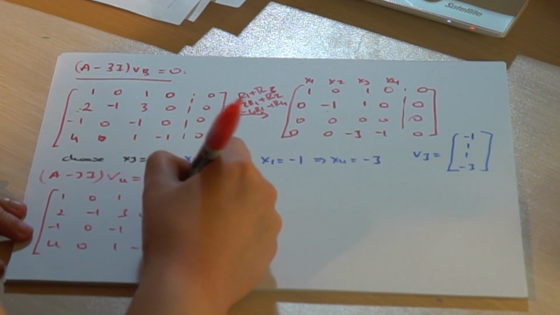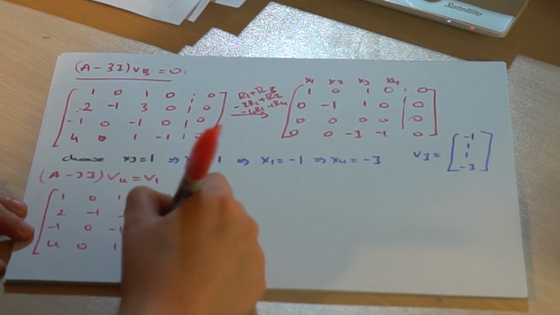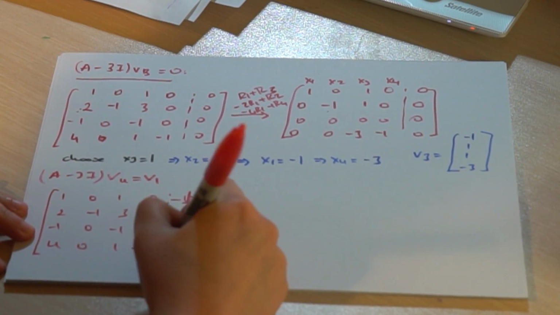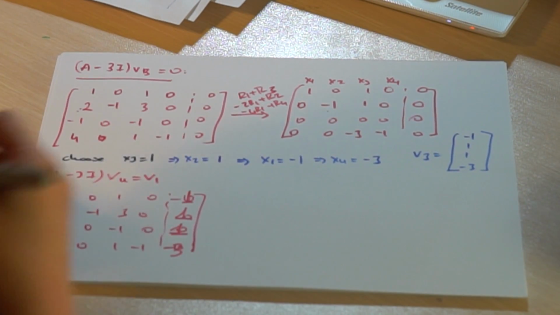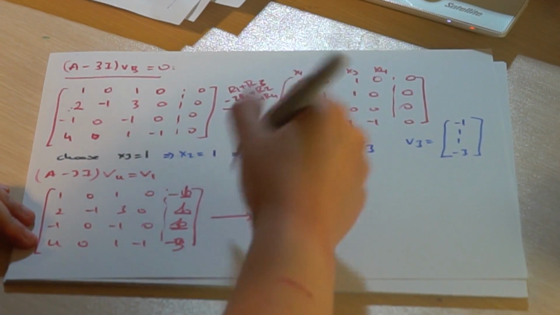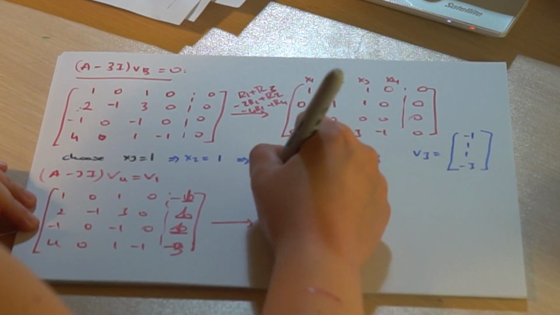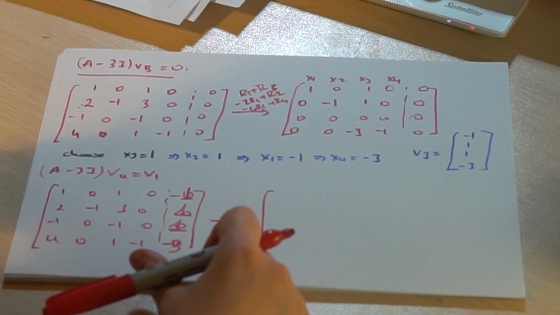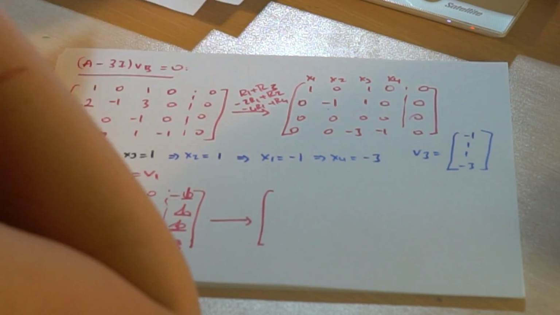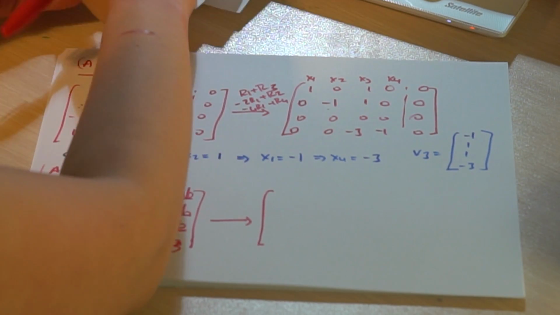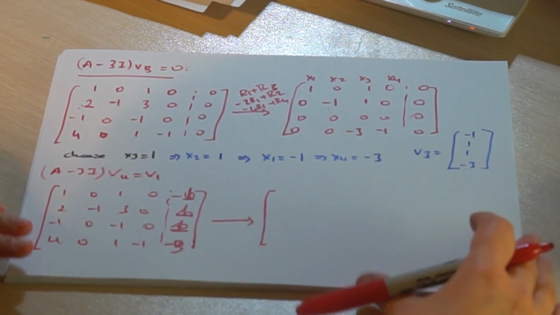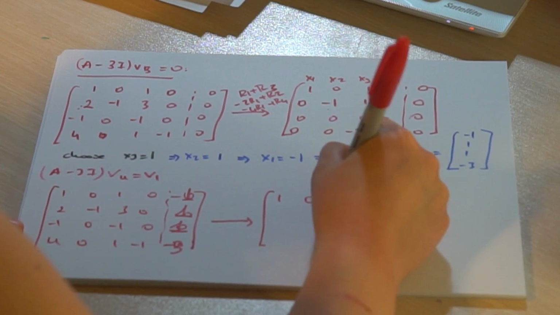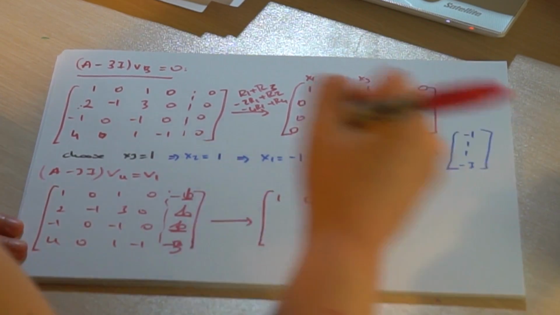If I do the same row operation again here, this one will not change, minus 1.